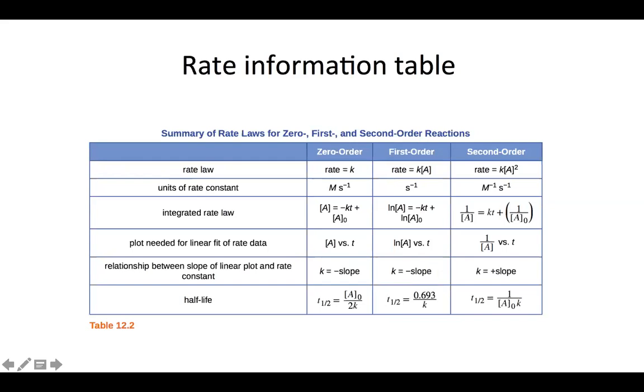Because you have the huge benefit of an open note exam, remember you have to print them off, no technology at all, but I would recommend every single person print this off or write it out for their exam. It describes 0, 1st, and 2nd order. The big key pieces of information we get from this table are our integrated rate law formula and our half-life formula.